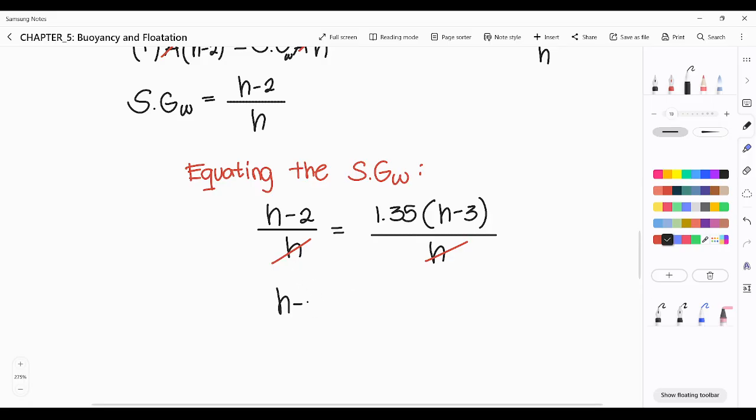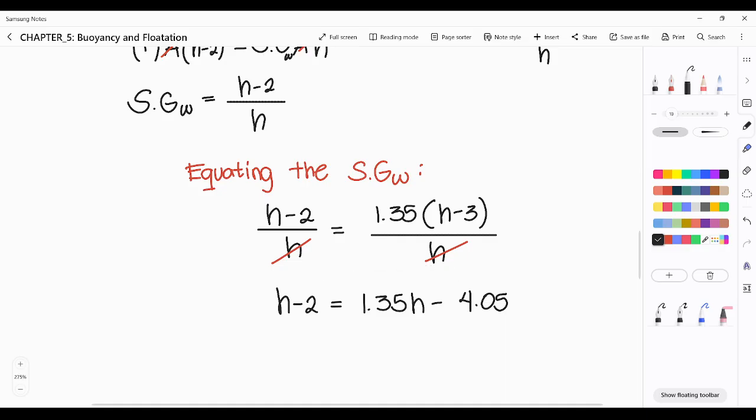We are left with the equation h minus 2 is equal to 1.35. Let's just distribute the 1.35. 1.35h minus 1.35 times 3 is 4.05. Now, rearranging our equation, wala na dapat tong h. Ayan. So, let's just subtract this here and then add that there.